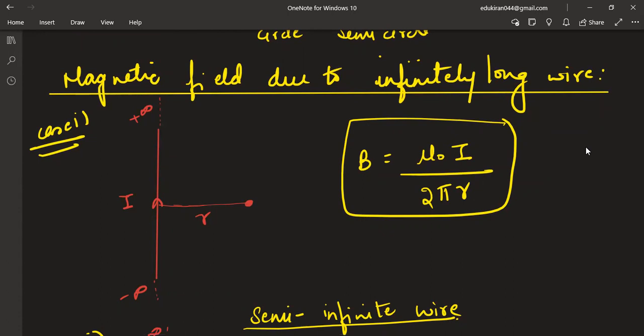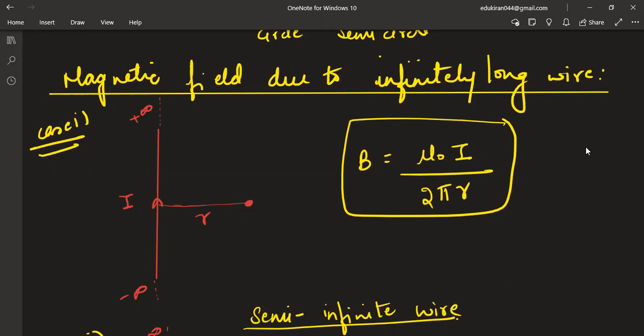If you are having a wire that extends to both ends, as in it is extending to infinity, the length is not definite, but you are asked to calculate the magnetic field at a particular point. Now how will you calculate?